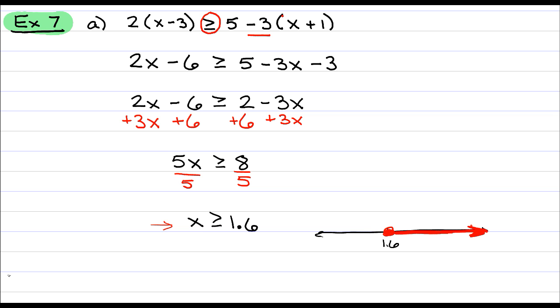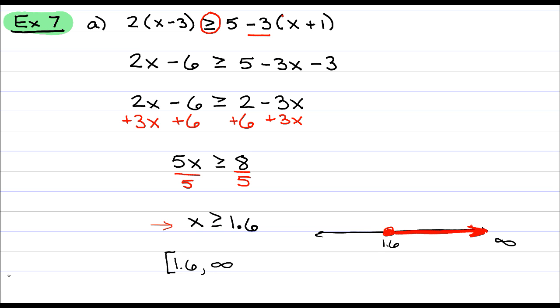Now we have a special notation for representing sets like this, and it's called interval notation. So the basic idea is the set of solutions would be all of the numbers from 1.6 all the way up to infinity. So I put 1.6 comma infinity. 1.6 is included in the solution, so I put a square bracket here.